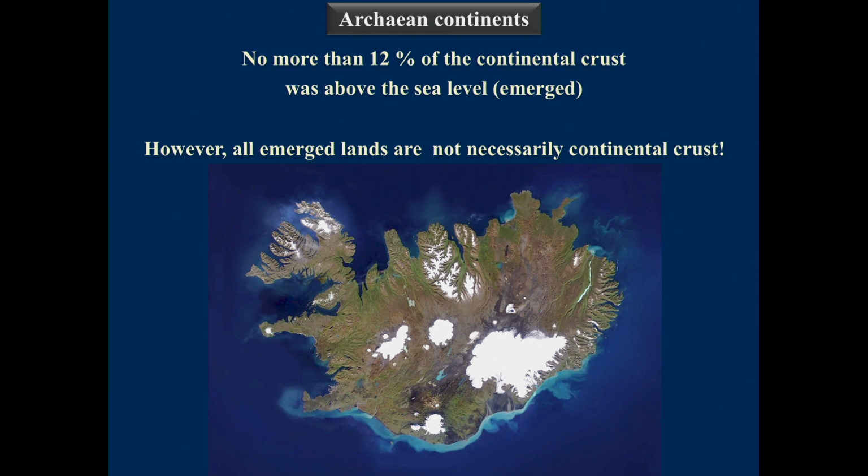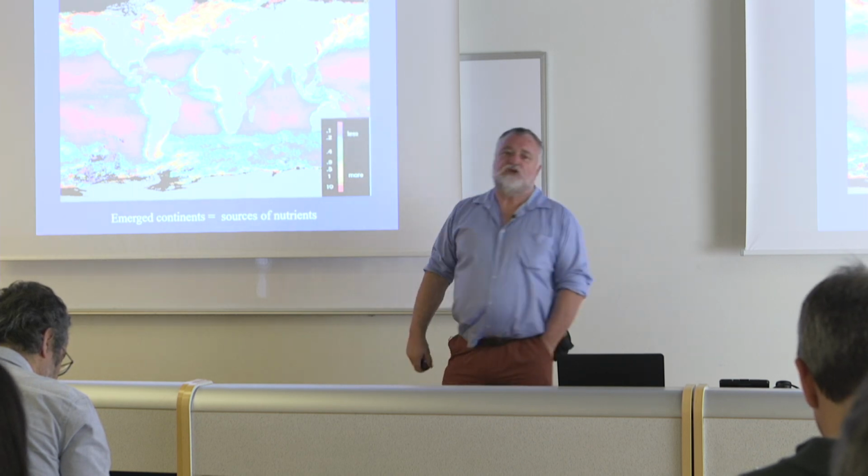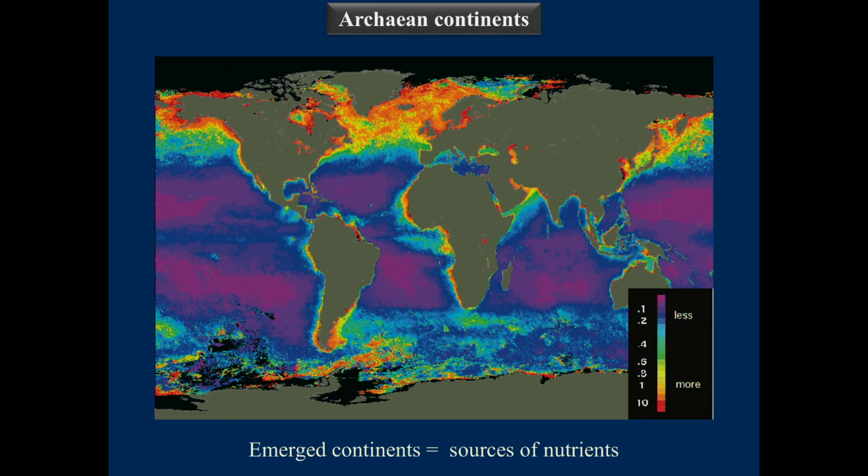So, okay, the problem is not so simple. Why discuss this point? If we look at the repartition of nutrients in the ocean today, red is a lot of nutrients, less is in blue and violet.